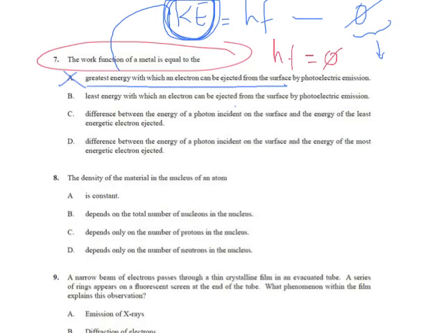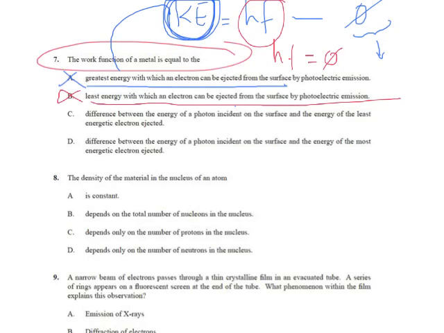So if you can imagine an electron receives a photon just enough to escape, but it doesn't really have any energy left over, that would be the least energy situation. So KE would be equal to 0. The least energy with which an electron can be ejected would be a tiny minimum amount, barely 0, when the photon just enables the electron to escape. So it's not going to be that one.